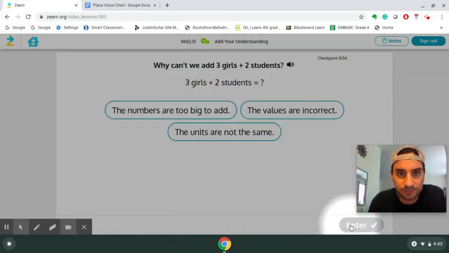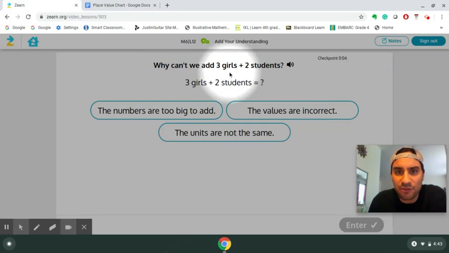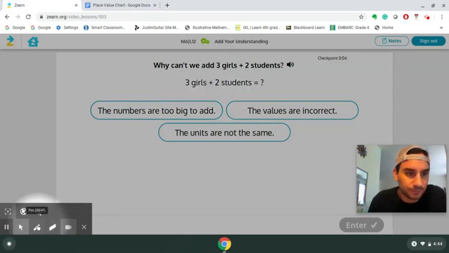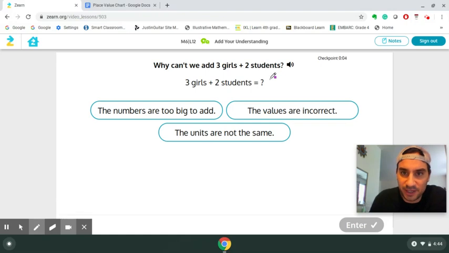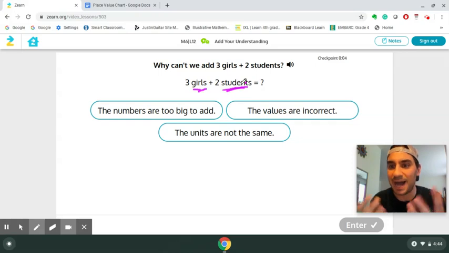Let's keep it moving. Now, why can't we add 3 girls plus 2 students? Why is it hard to add 3 girls plus 2 students? Well, the reason is that although the numbers can be added together, these units can't be combined easily.